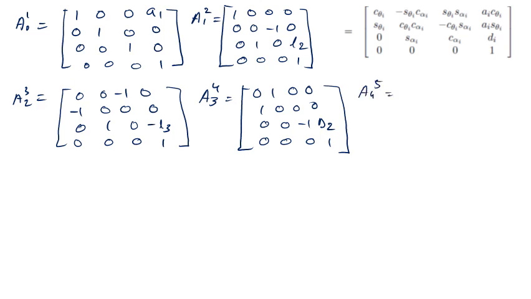A45 similarly can be found: minus S4, 0, C4, 0, C4, 0, S4, 0, 0, 1, 0, 1, 0, minus D3, 0, 0, 1.